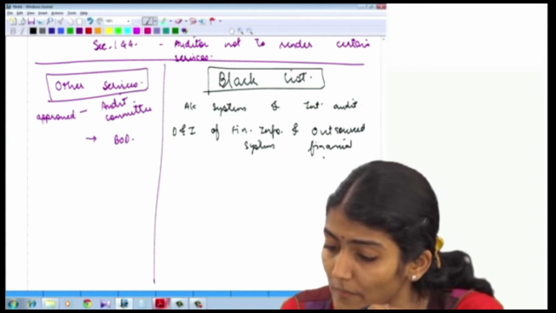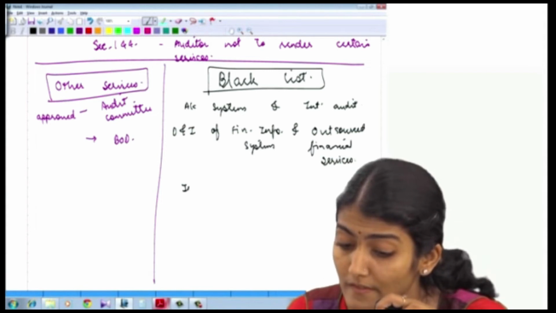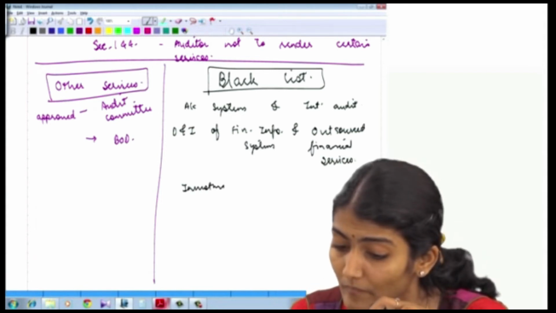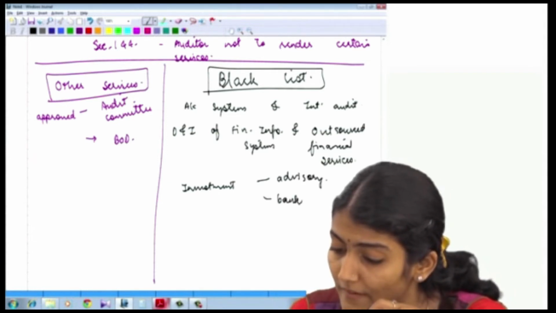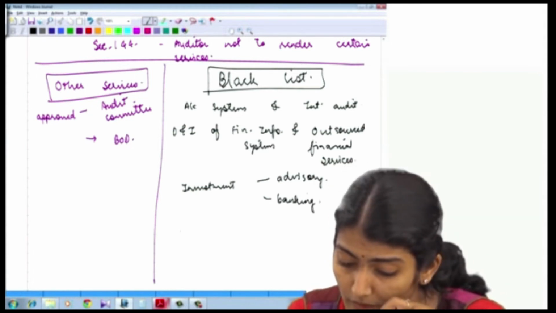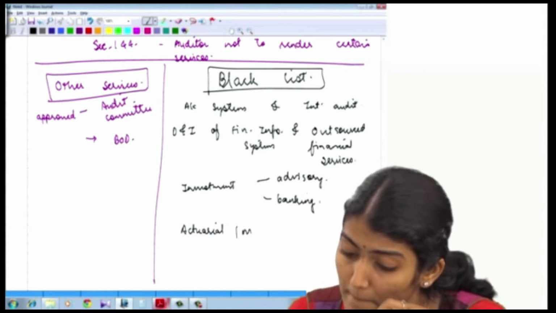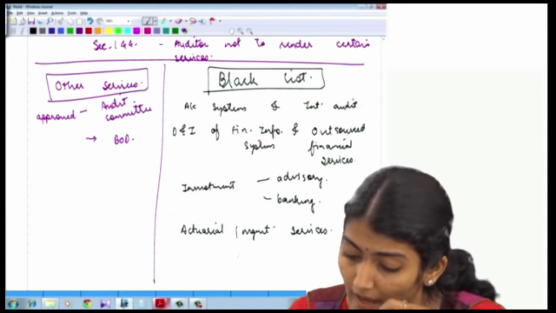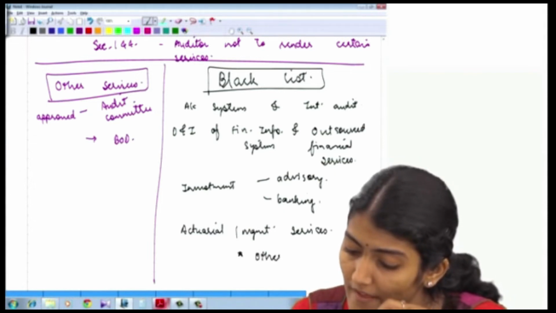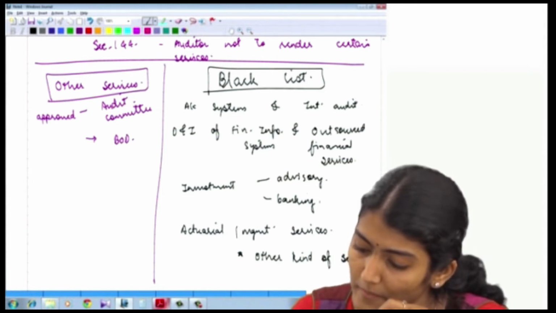Outsourced financial services can never be provided by the chartered accountant. Then what does it say? Investment advisory services and investment banking services can never be provided. Then what does it say? Actuarial services and the management services. That is, the entire list of MCOS has come here. And any other kind of services as may be prescribed.